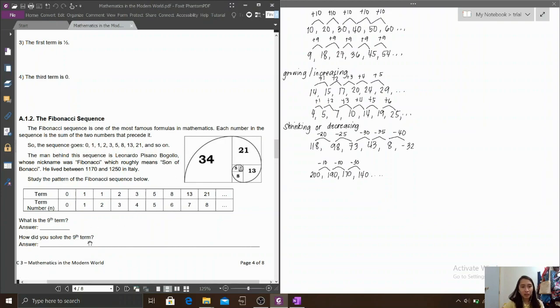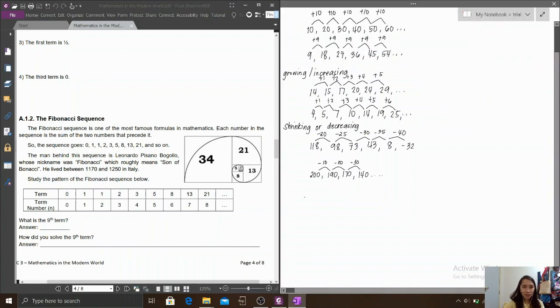So, from the definition of Fibonacci sequence, in order to get the next term, we have to find the sum of the two numbers that precede it.